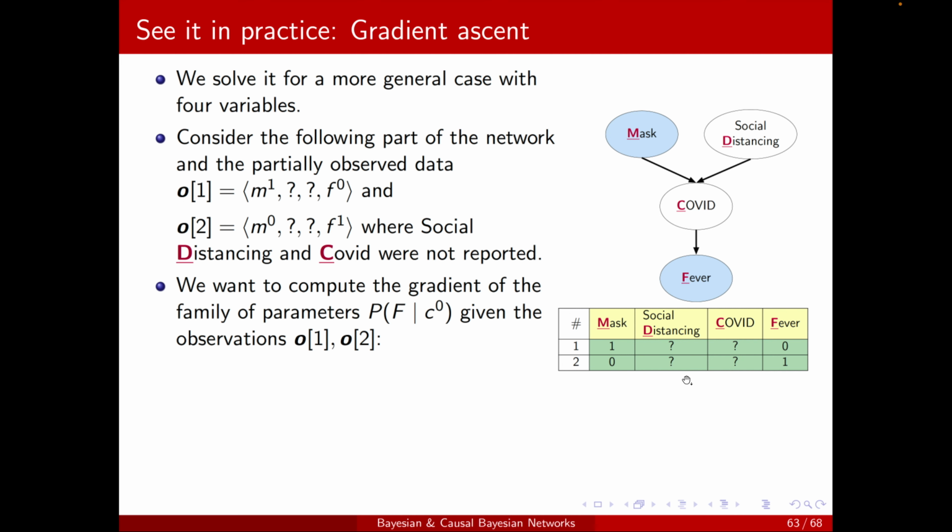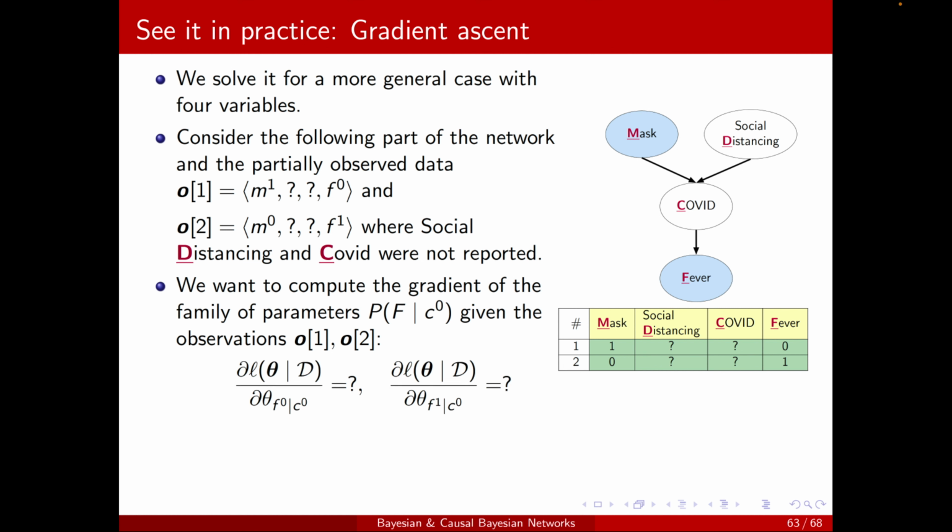Great. What do we want to do? We limit ourselves to just this part, the family of parameters, fever conditioned on COVID. The other parts can be done similarly. So we want to calculate the gradient of P of F conditioned on C0 given the observations.